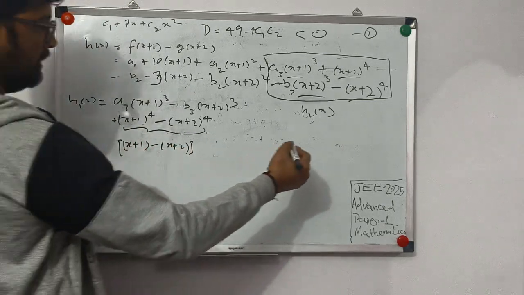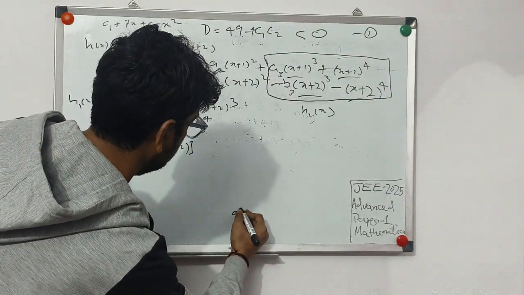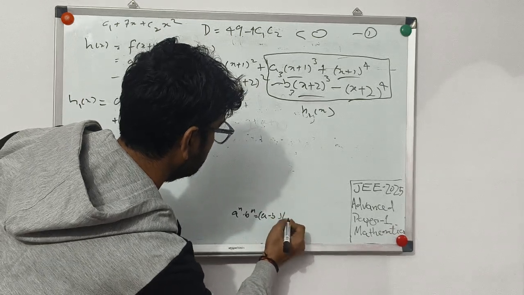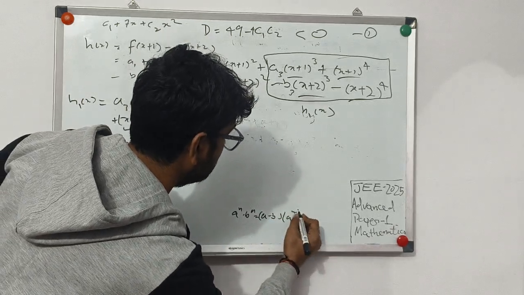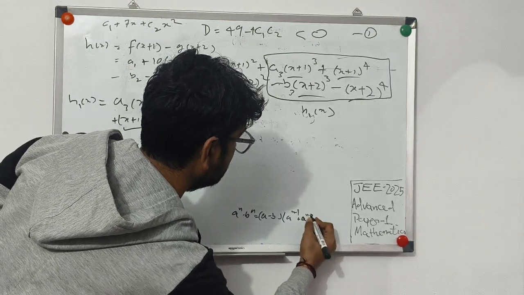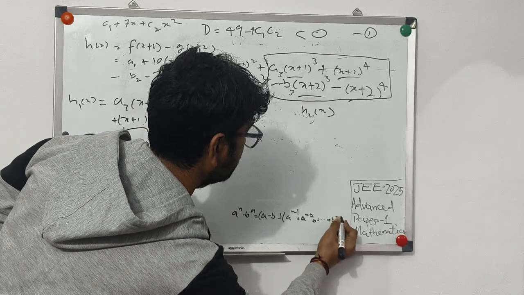This follows from the formula: a raised to power n minus b raised to power n equals (a minus b) times (a raised to power n minus 1 plus a raised to power n minus 2 b plus so on up to b raised to power n minus 1).